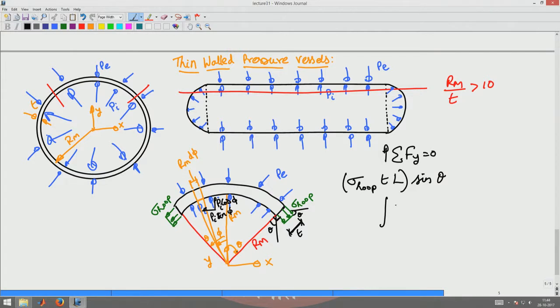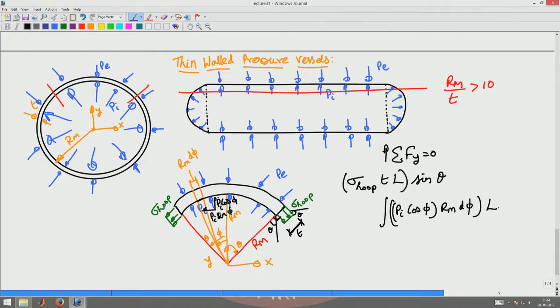So, I have Pi cos phi, which is the component of the applied pressure along the y direction, into I have to multiply by this distance in here, which is Rm times d phi, into the length of the cylinder again L.